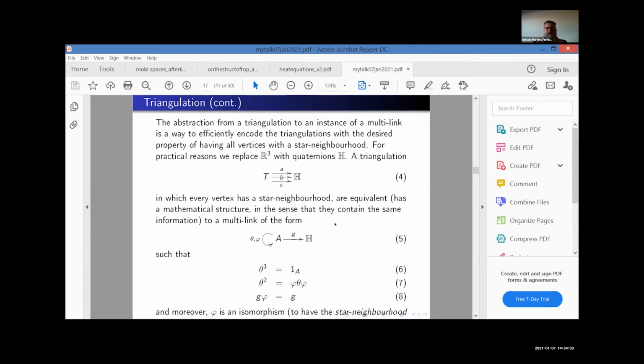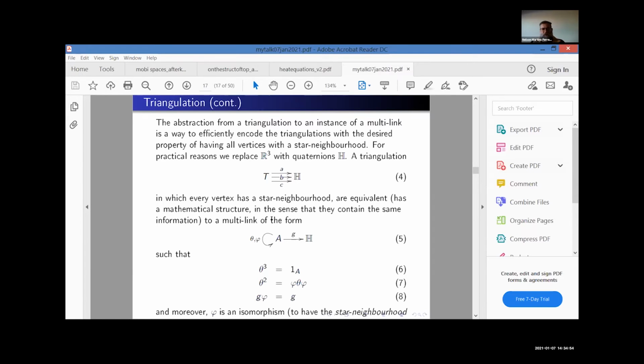And what happens is that even this notion of a triangulation can be transformed into a multi-link, in the sense that instead of triangles, we will have edges, but each edge is duplicated because it belongs to two triangles.